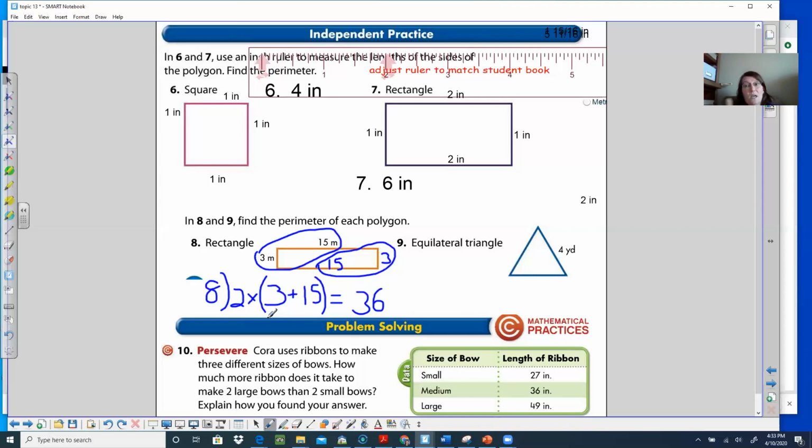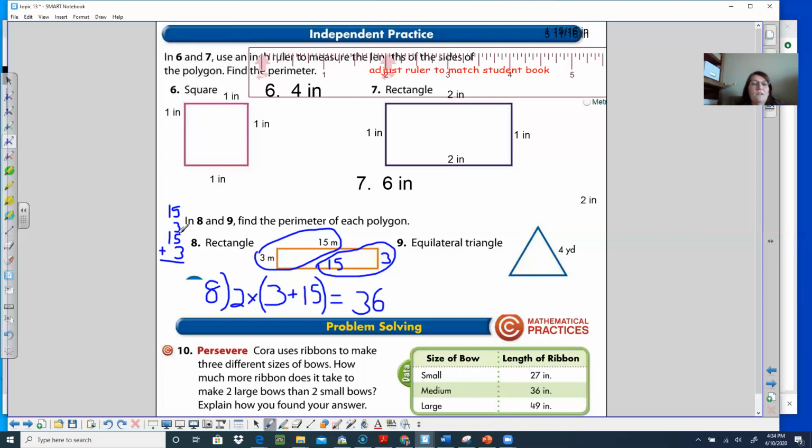Okay, so that is another way that we could find the perimeter of that polygon. If you're like, Mrs. Mears, you just made my head explode, then it's okay to do it this other way. So I'll show you the other way you could have done it. You could have done 15, 3, 15, 3, and then add it.